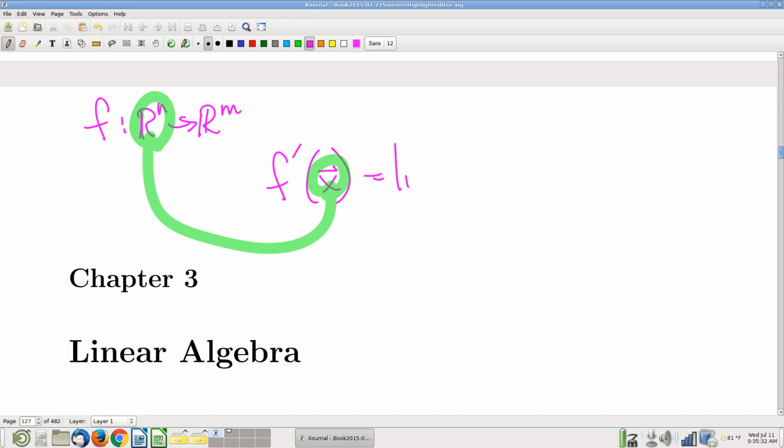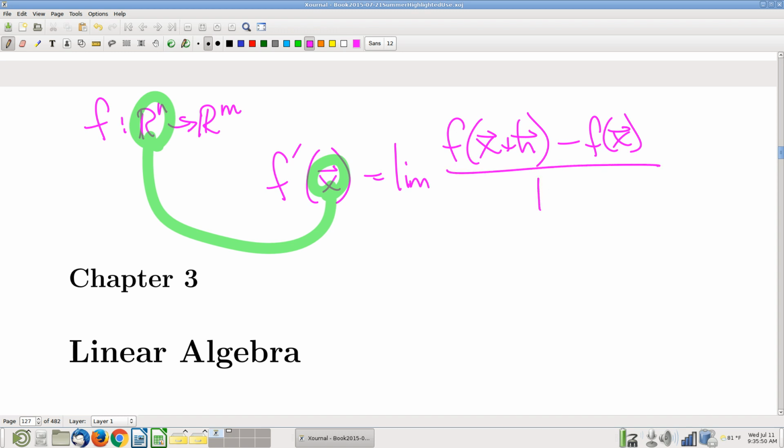You would think it'd be a limit of, I guess it would be f of x plus h. Well, h now also has to be a vector, right? Because it's what I'm adding to x, also in Rn, minus f of x over h. And we'll take a limit maybe as h vector approaches the 0 vector. Doesn't that seem like a reasonable thing to write down as a definition?